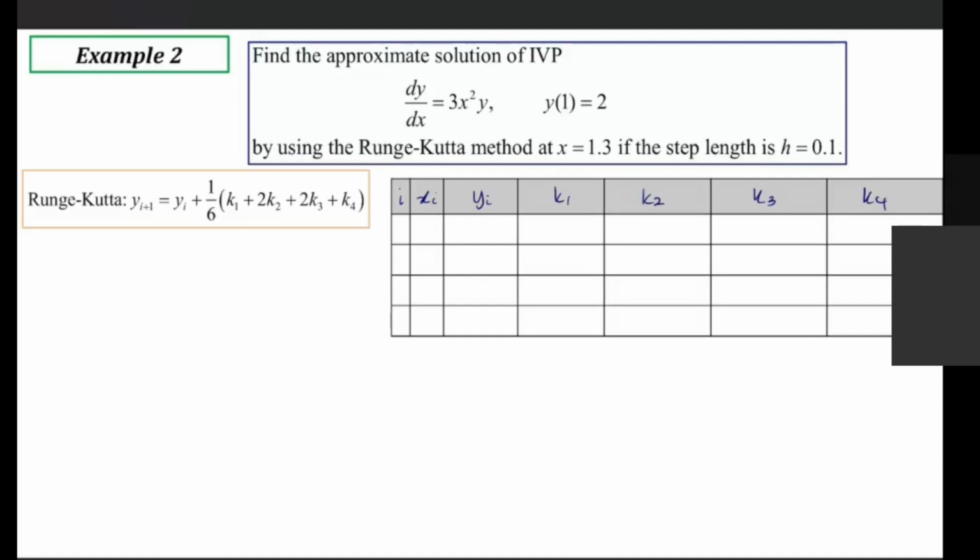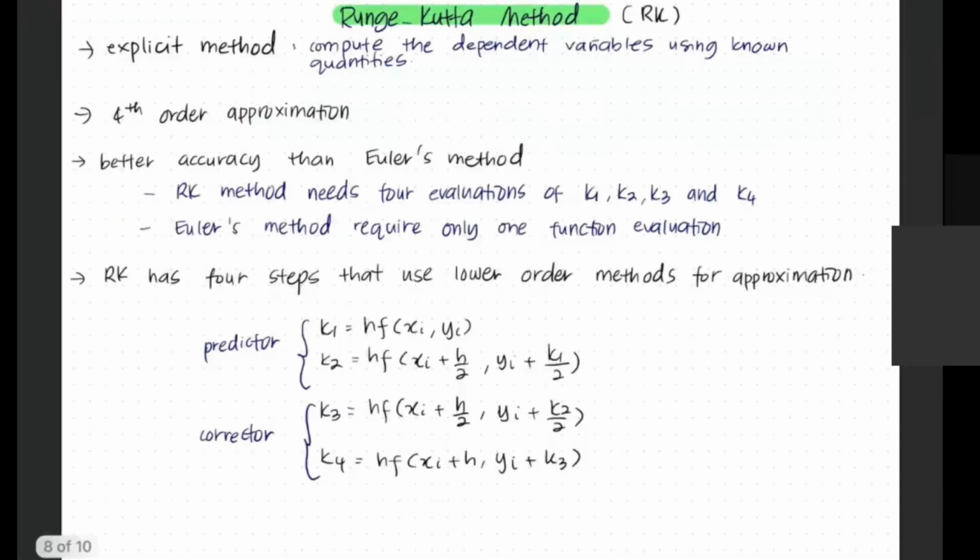Same as before, you must determine the values of x first: 1, 1.1, 1.2 and 1.3, for i equal to 0, 1, 2, 3. The first step is to find K1. K1 equal to h f, using this formula.